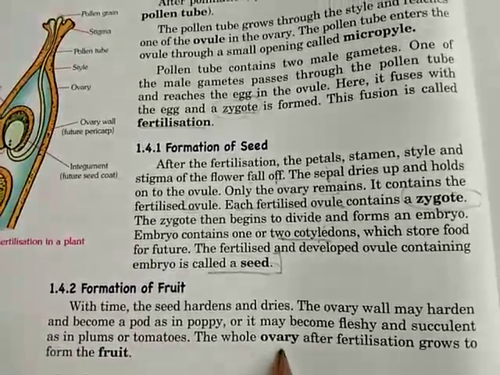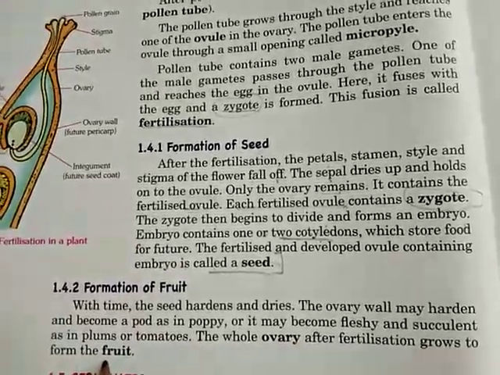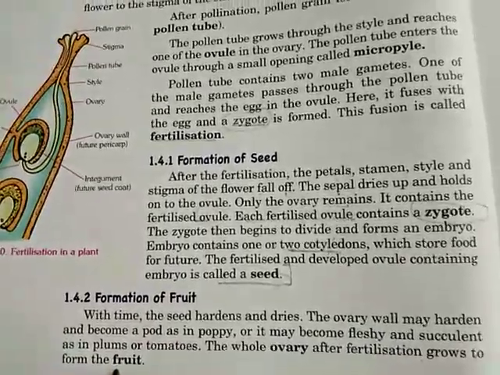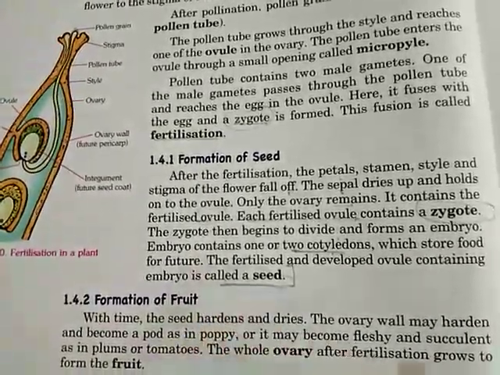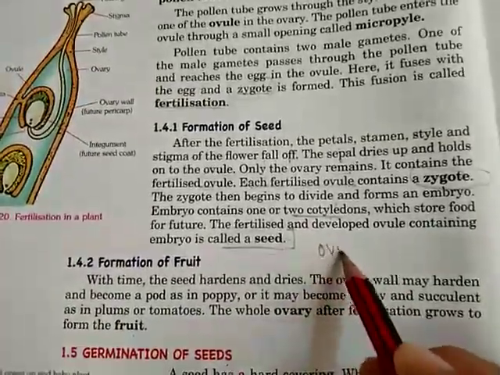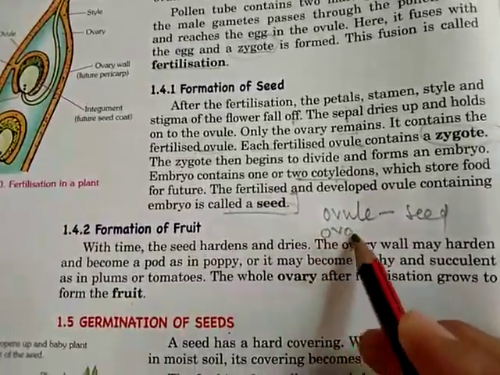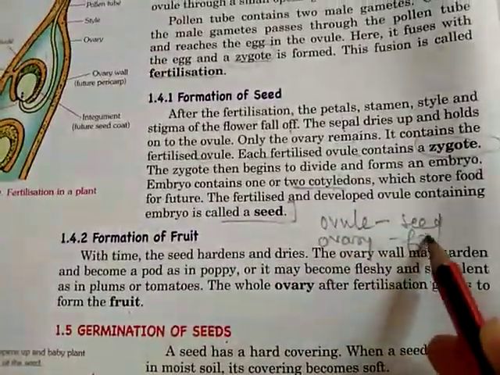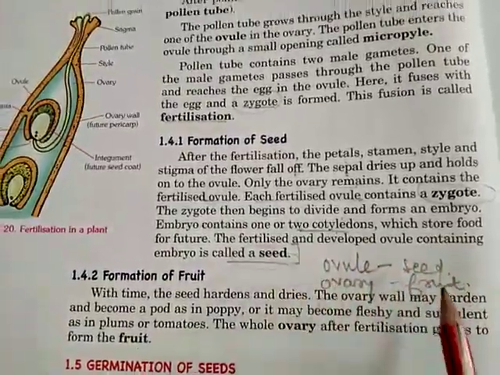So the whole ovary after fertilization grows to form the fruit. The conclusion is, after fertilization the ovule changes into seed, and the ovary changes to fruit. These two points you have to remember very carefully.